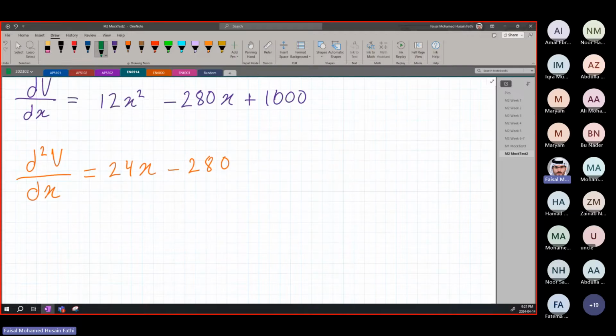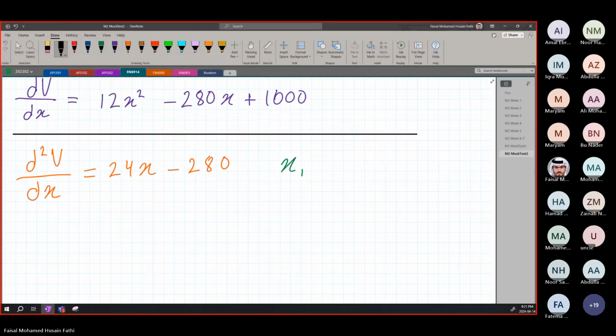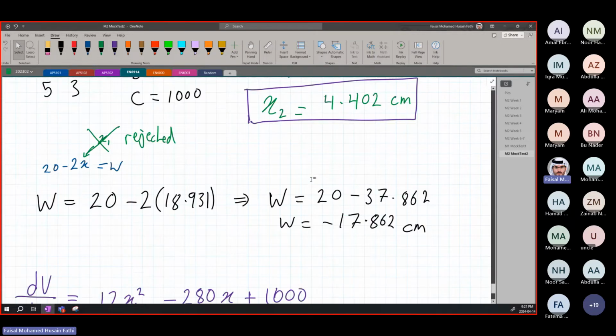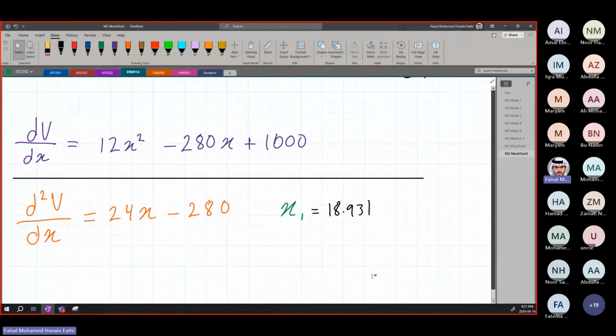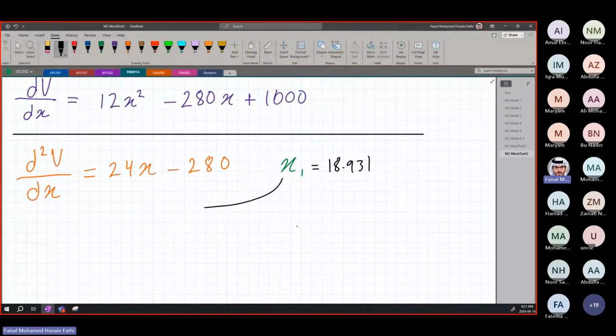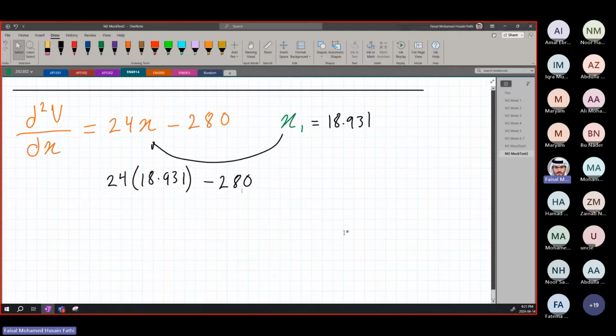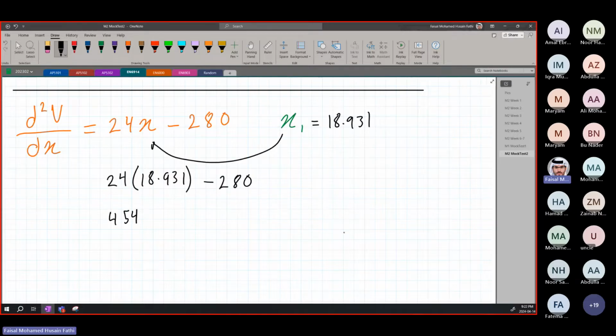So we're going to substitute the value of 4, and we're going to substitute the value of 18.93. If we substitute x1, x1 was equal to 18.931. Then if we substitute x1 here, we're going to get 24 times 18.931 minus 280. If we do this multiplication, 24 times 18.931, this is going to be 454.344 minus 280.